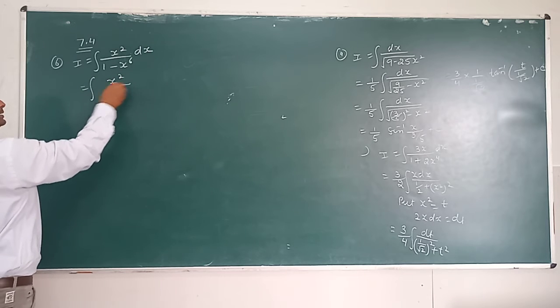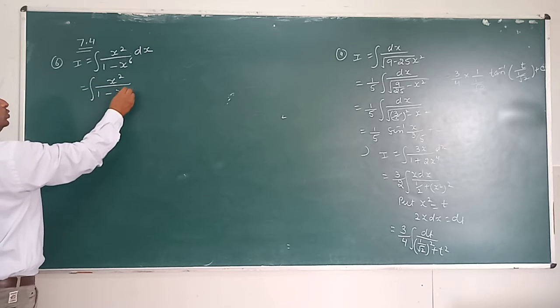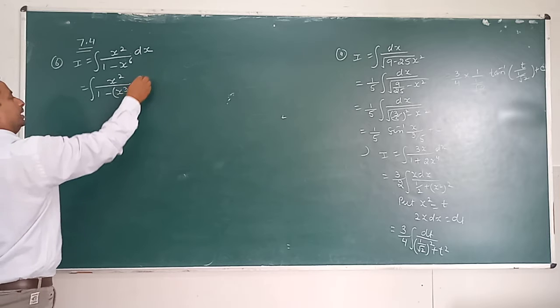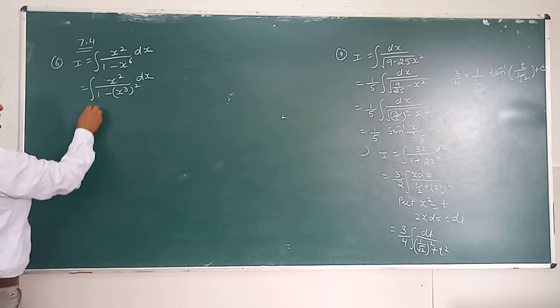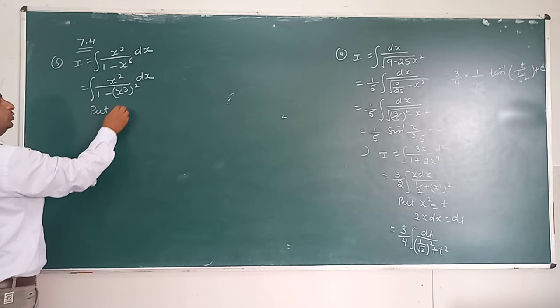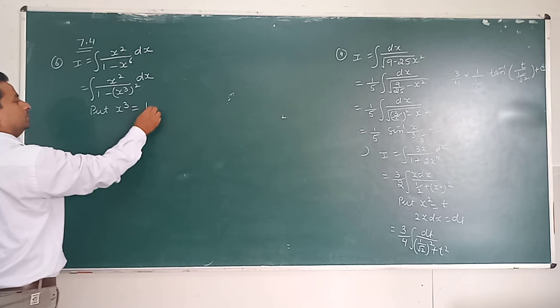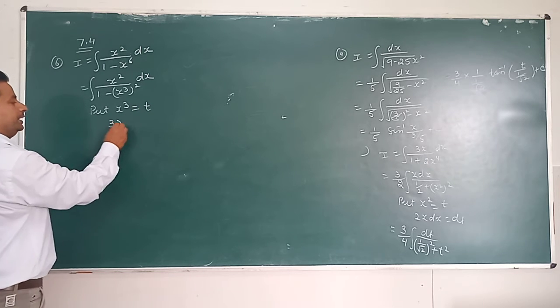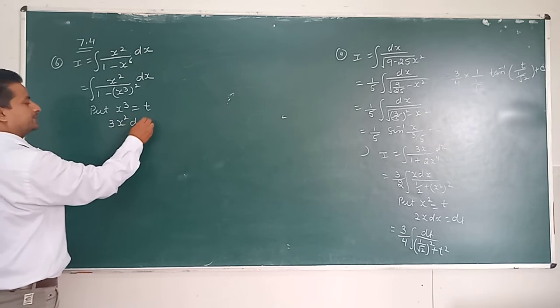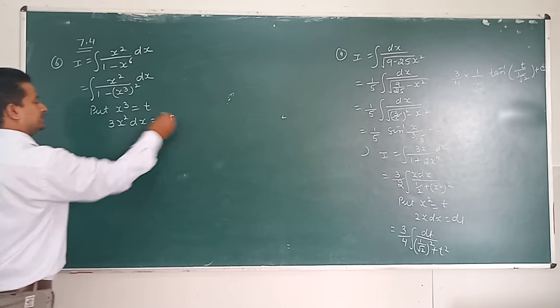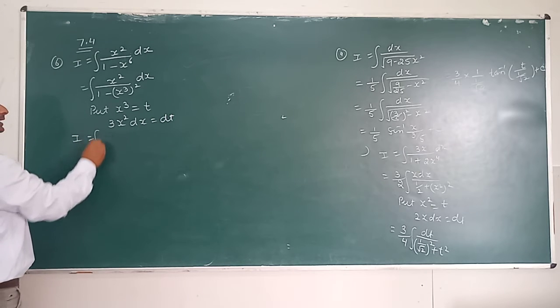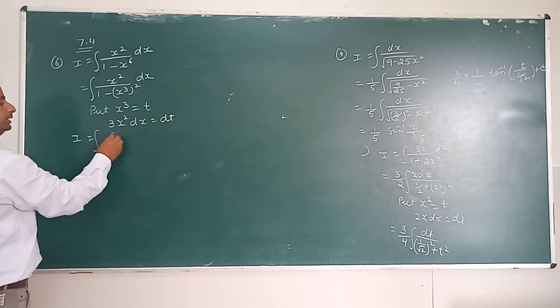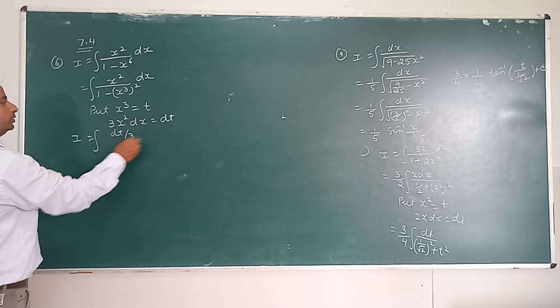We write this as x cube whole square. As we know, the derivative of x cube is 3x square. So we put x cube equals to t. Its derivative is 3x square dx is dt. So x square dx is dt upon 3.